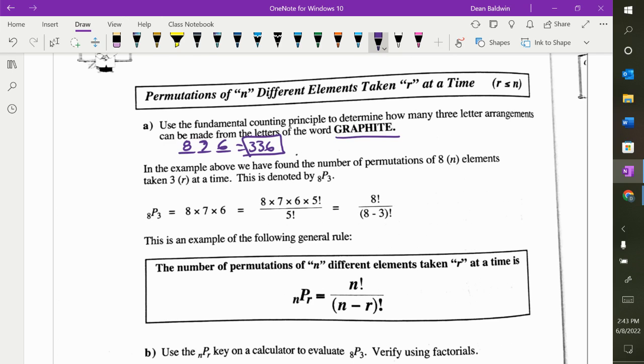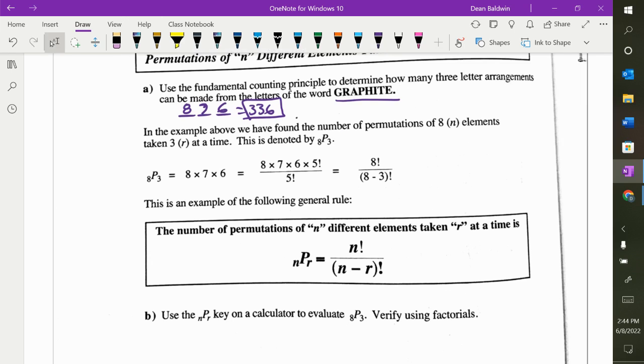Now, that's the way we would have done it yesterday. That is still a valid way. I use that way all the time. For certain questions, I find it the easier method. But if you have 8 objects to pick from, and you need to pick 3 of them, on your calculator, can you find the nPr button? R stands for the number of positions.